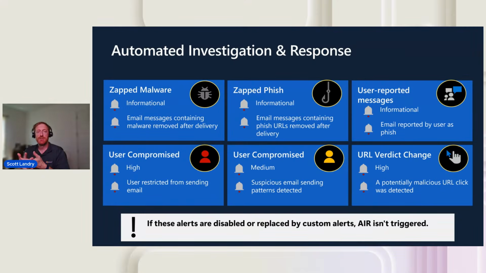Maybe users are sending out messages because they've been compromised, or a suspicious rule has been added to a mailbox that is forwarding content. Office 365 has a lot of detections, right? And we can pull those signals in and start to look at them just from an Office 365 perspective.